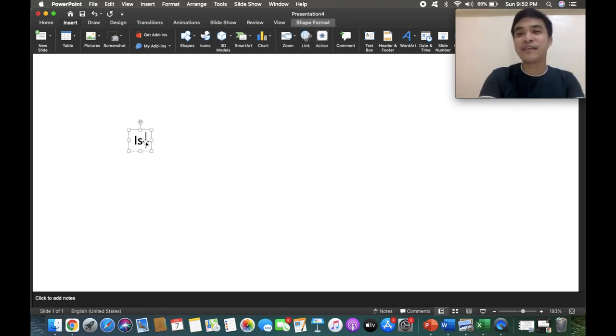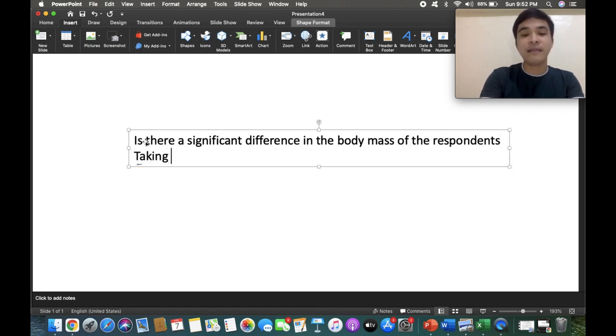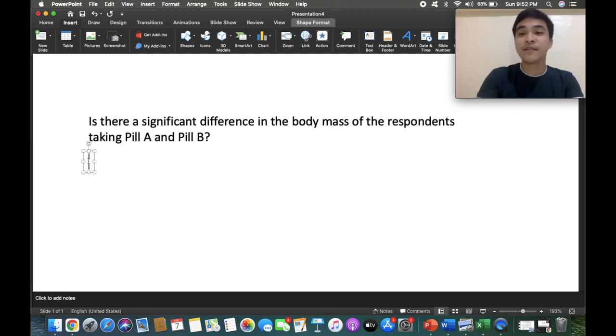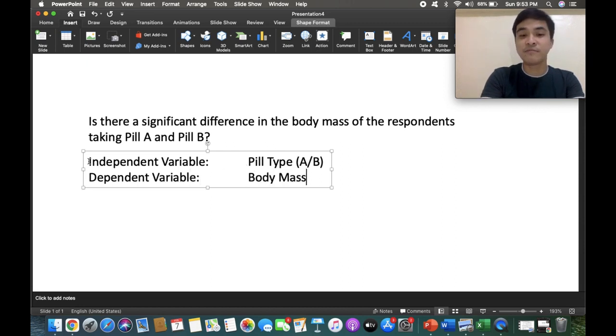Let's have another example. Suppose a researcher would like to test if there is a significant difference in the body mass of the respondents taking pill A and pill B. In this scenario, we also need to identify our independent variable, which will be the pill type, pill A and pill B. We also need to check our dependent variable, which can be considered as a continuous level.